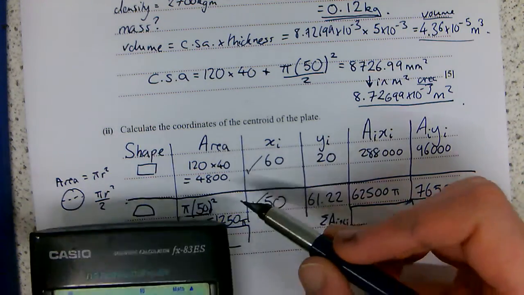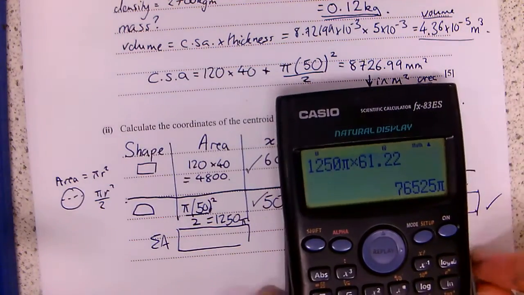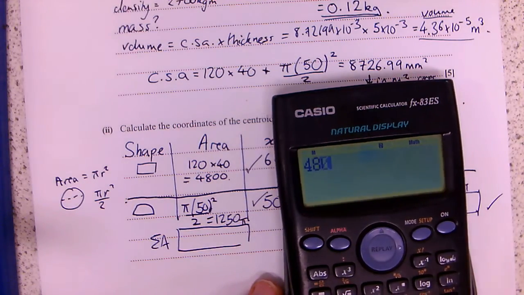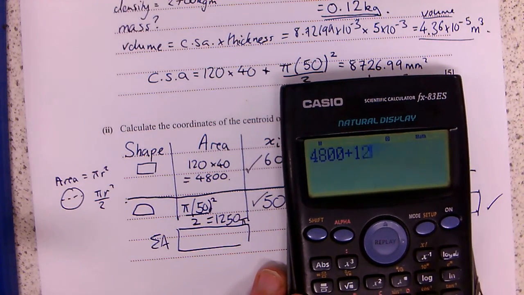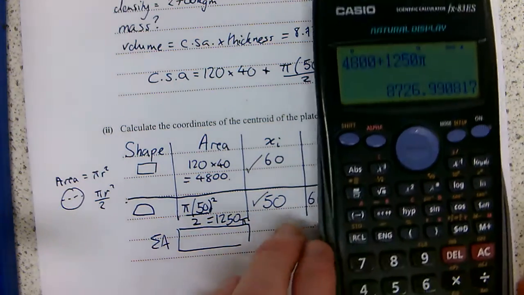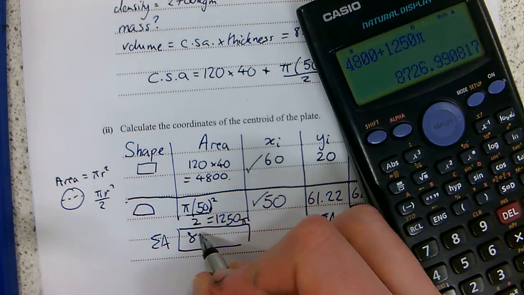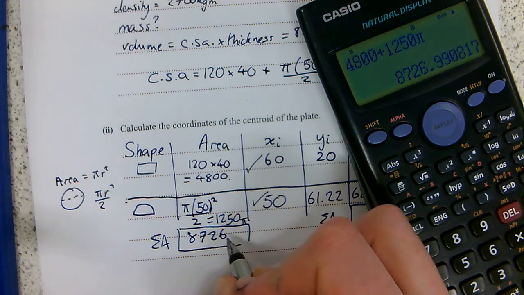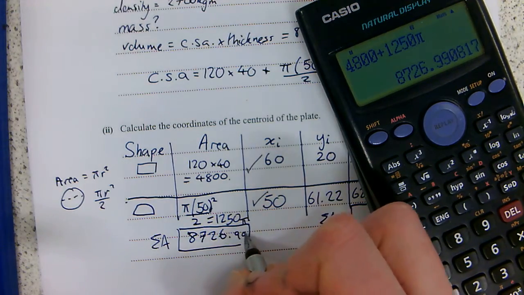Total area here, we're going to add them together, which is 8,726.99.